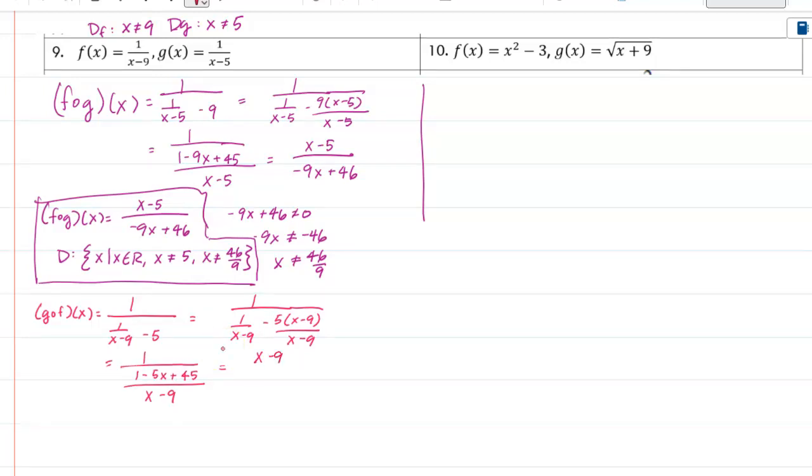So that's going to be x minus 9 over negative 5x plus 46.